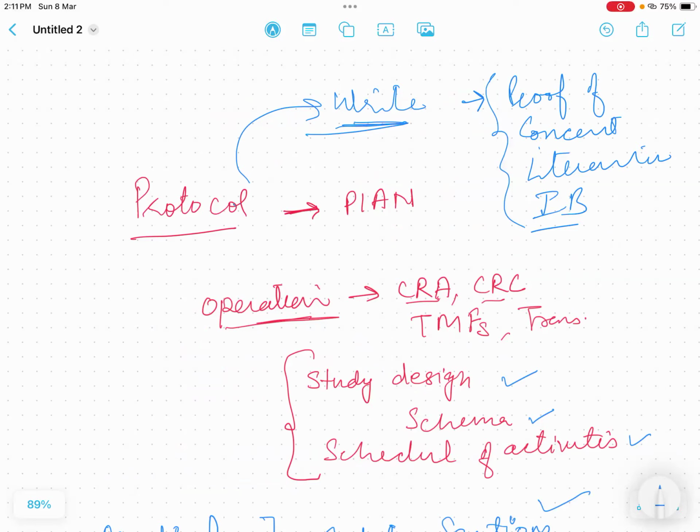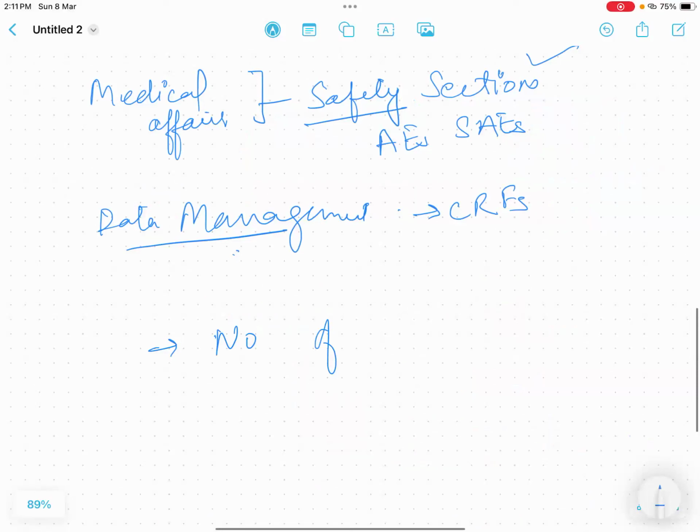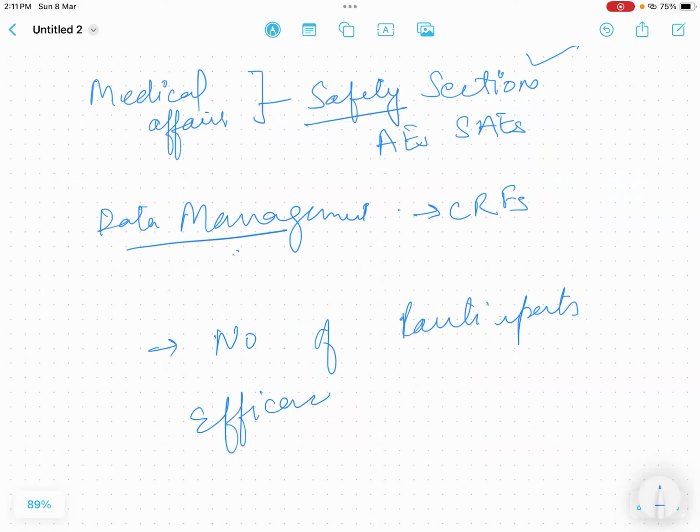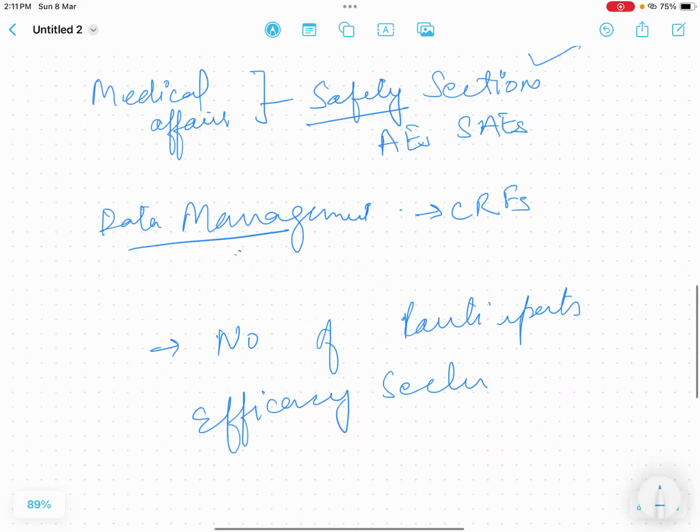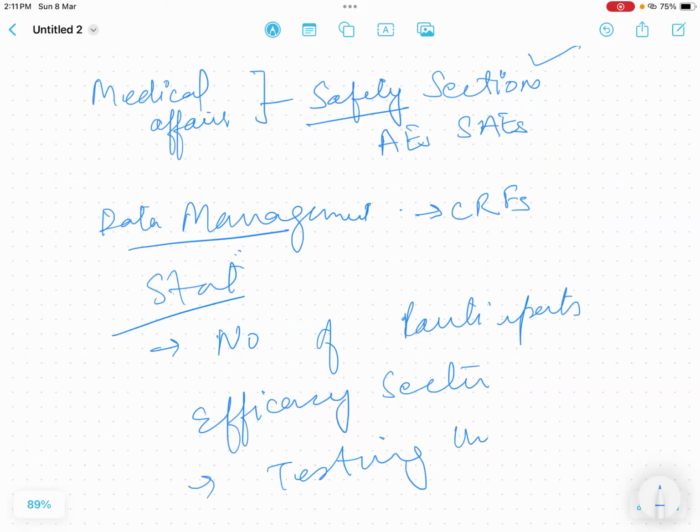Suppose you are a statistician, then the number of participants and the efficacy section matter, because you are the one who is going to give them the power calculation, right? And this is for the statistician. And testing the hypothesis is important for you, right?